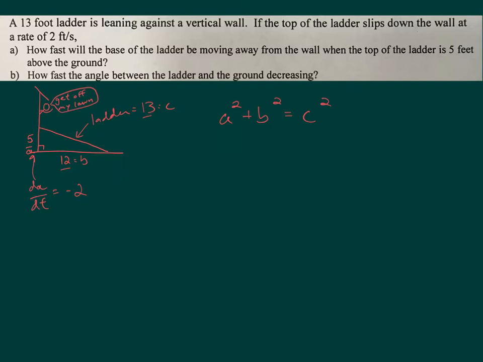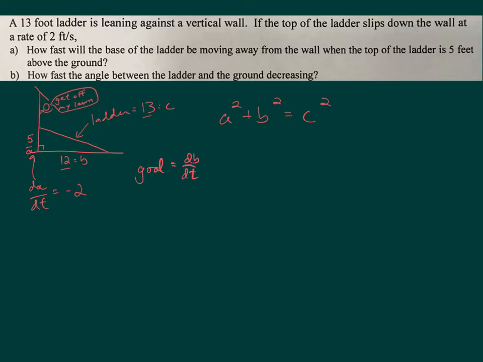So that being said, we are trying to find out how fast the base of the ladder is moving away from the wall. So our goal here is to find dB/dt.